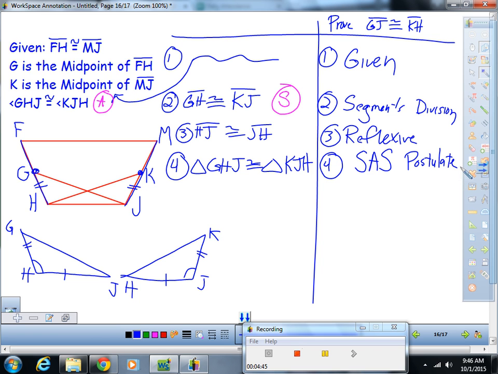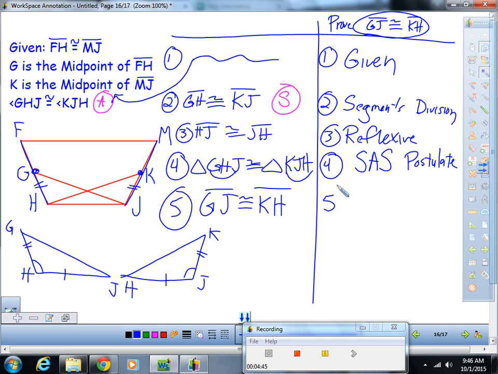So I should be able to say that GJ is congruent. Let's make sure it matches up. GJ, KH, beautiful. GJ is congruent to KH by CPCTC. Boom!